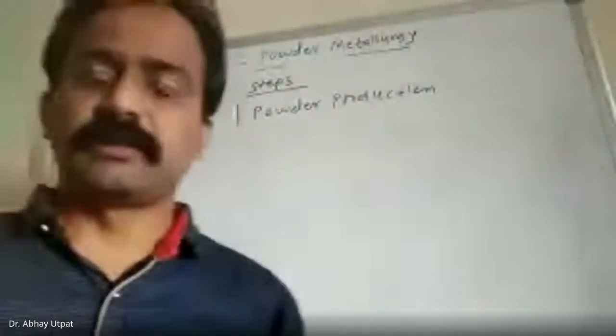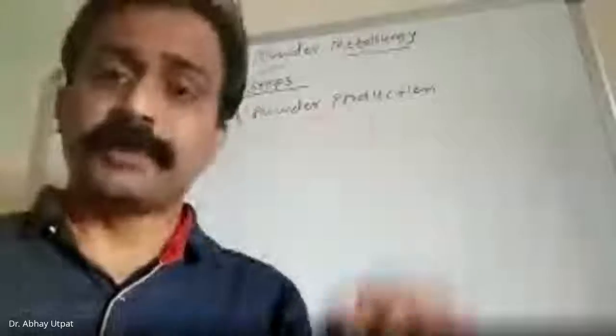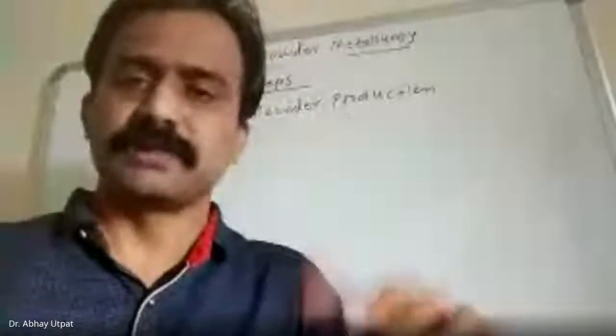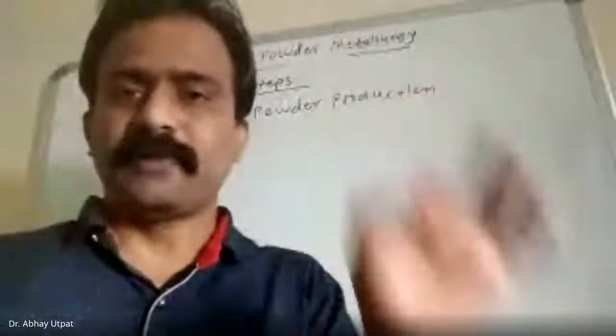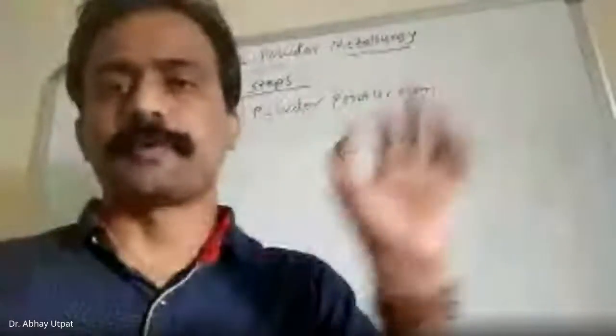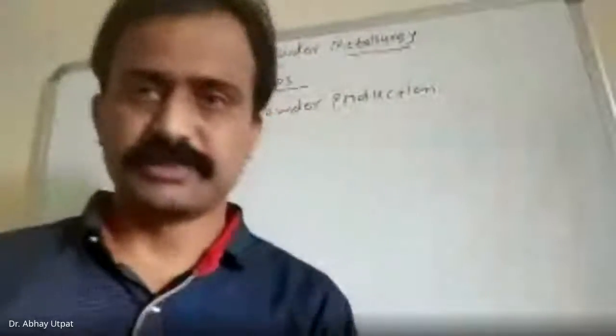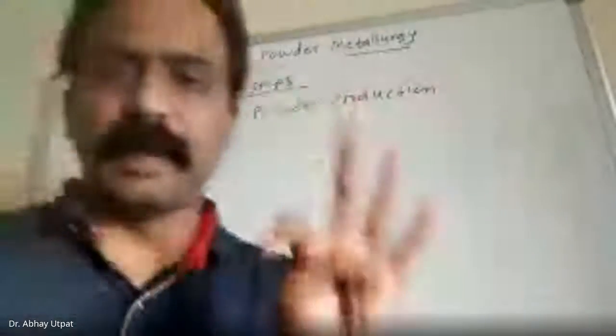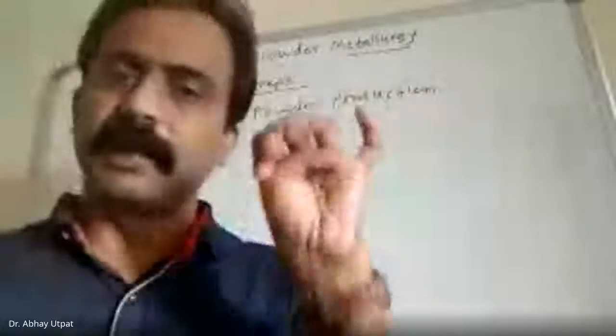So powder production: the same question was asked a number of times in earlier examinations. What are the different classifications of powder production? How to produce the metal powders? Okay, so write the classification. There are 4 types: mechanical, physical, chemical, and electrochemical.